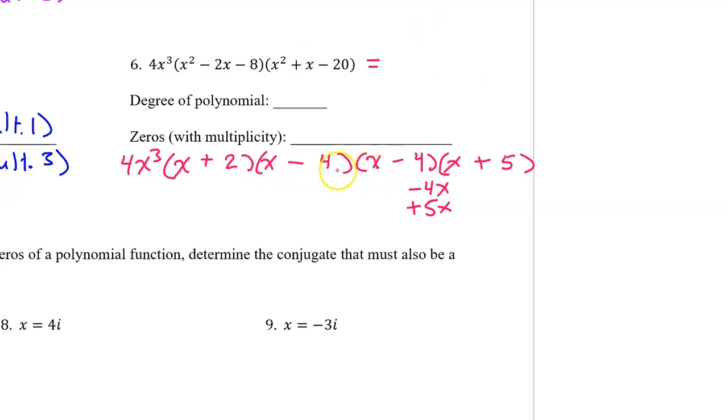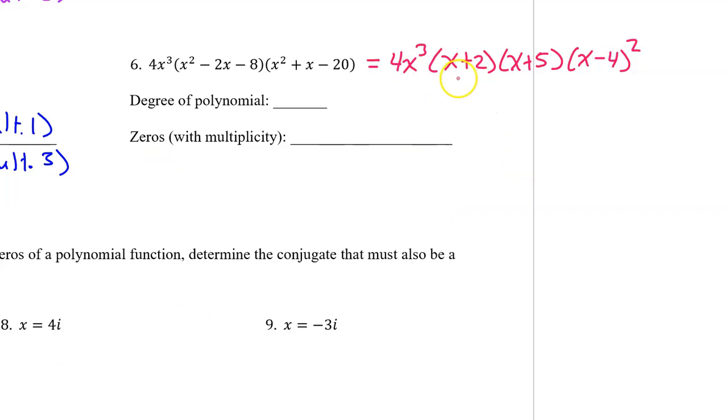Let's now combine the repeated factors that we see. So we will have 4x to the third power times x plus 2 times x plus 5 times x minus 4 squared. Looking at only the leading term of each factor, I have 3 x's, then that's 4 x's, 5 x's, and 2 more makes 7. So this is degree 7. And now we have a 0 of 0 from the monomial in the front.